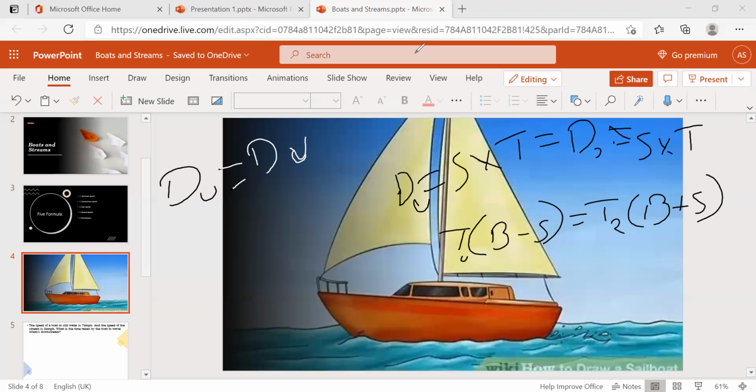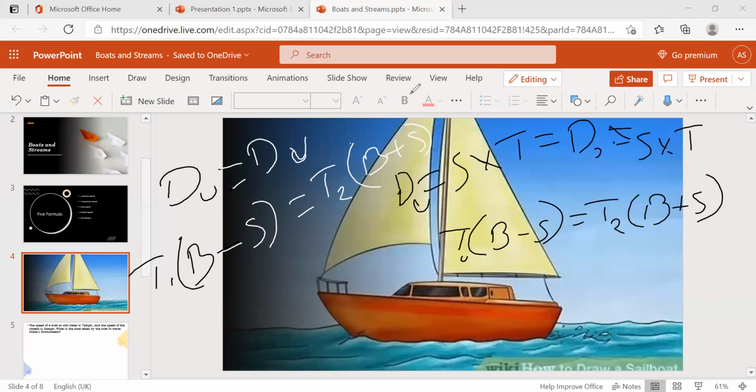Now see, it is nothing but t1 into (b minus s) equal to t2 into (b plus s). Is it clear?